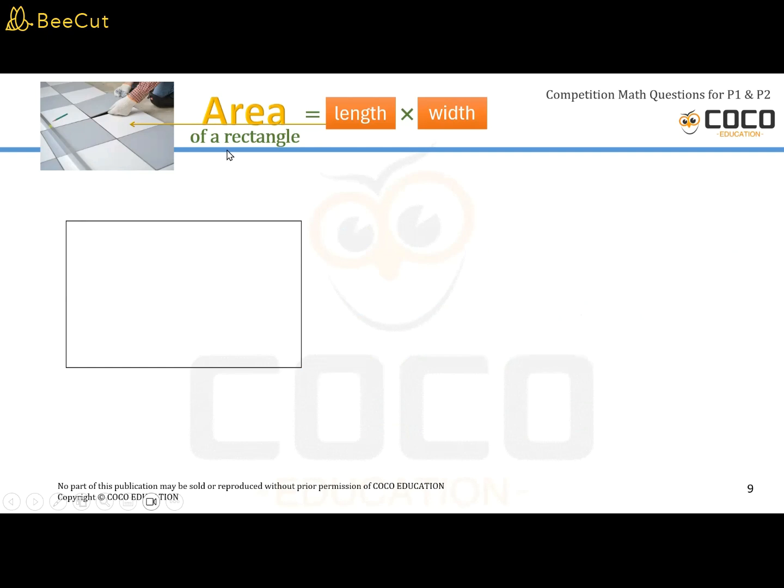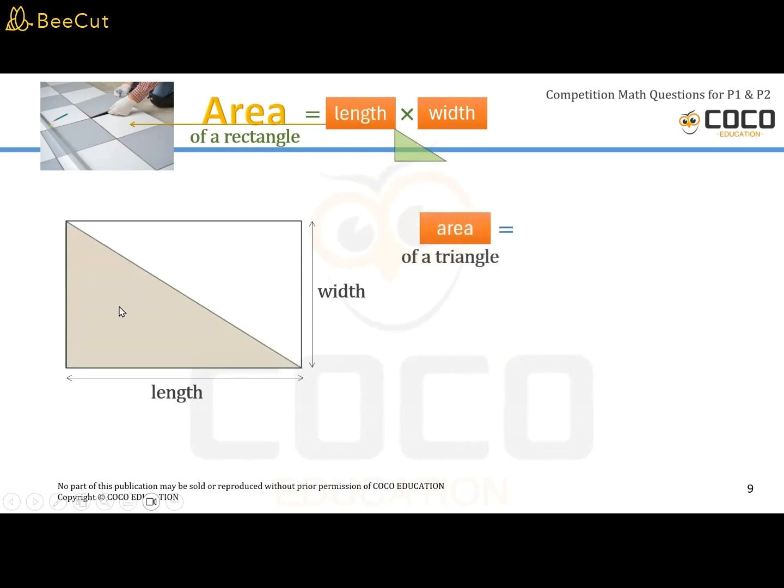Now we already know the area of a rectangle, which is length times width. How about if you want to know the area of a triangle? From the picture, you can see the big rectangle can be split into 2 equal triangles. So it means the area of a triangle is just half of the rectangle.